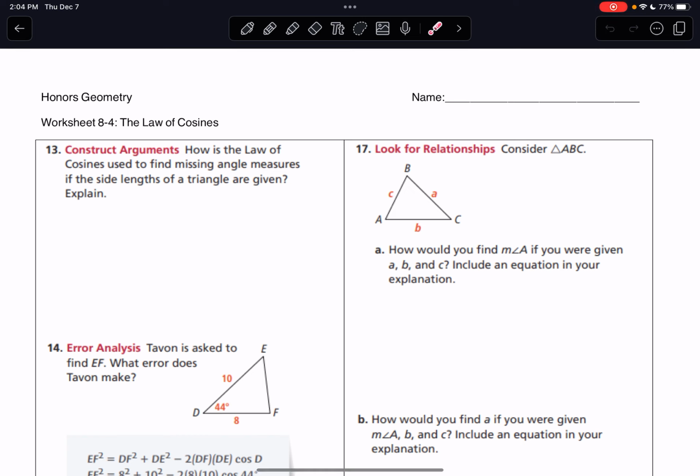So we're going to say, you set up an equation, that equation being the law of cosines equation, with the missing angle measure.